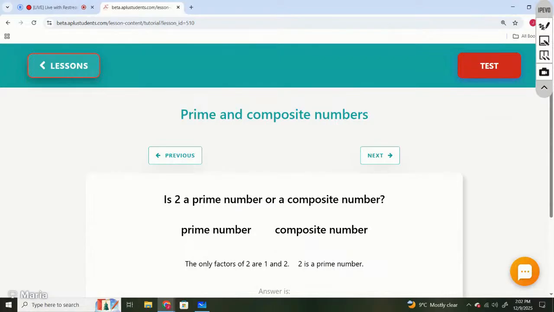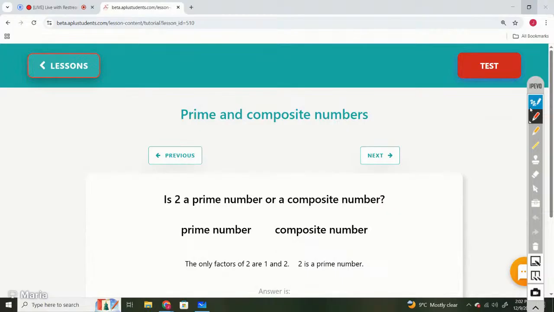Yes, it is. 2 is a prime number because it has only two factors. 1 times 2 makes 2. We do not have any other numbers that when multiplied make 2, right? So 2 times 1 is 2, so 2 is a prime number. The numbers that have more than two factors are the composite numbers.